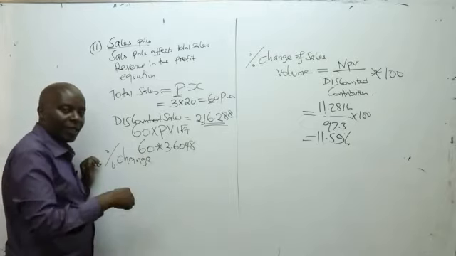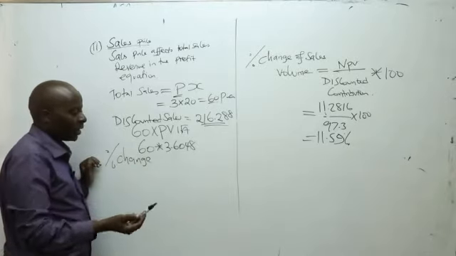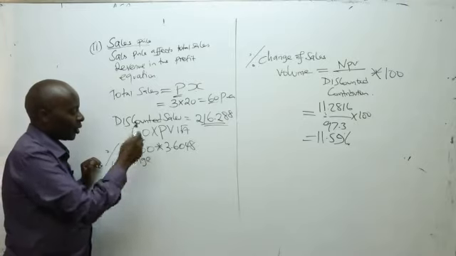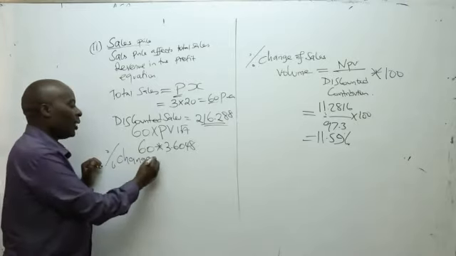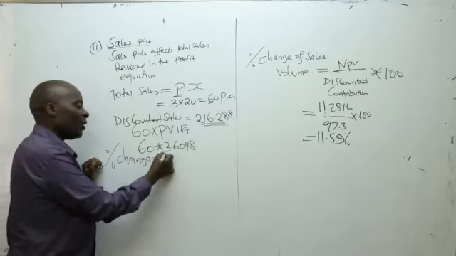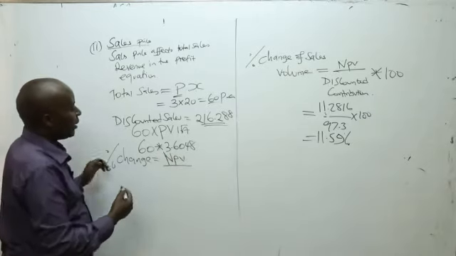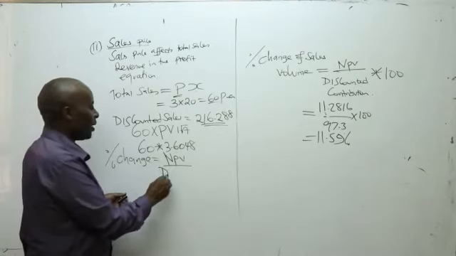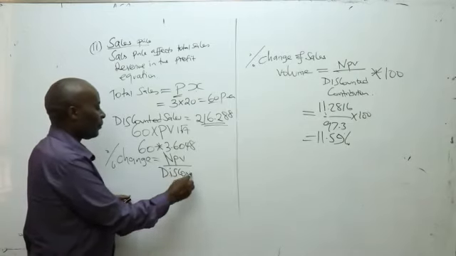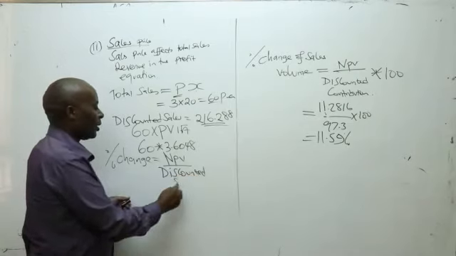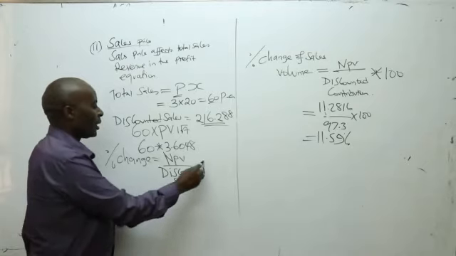The percentage sensitivity factor. You get some books calling this percentage sensitivity factor, which will be equal to, we must start with the NPV. So we talk of net present value divided by discounted sales, times 100.